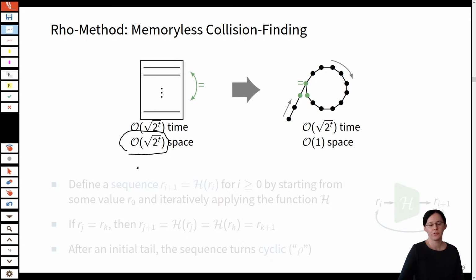However, there are algorithms that can solve this problem in approximately the same time with a lot less space, namely with a constant space complexity. So in O(1) space and approximately the same time as before. And the essential idea of this, I think I've already briefly explained this in information security, is the following.